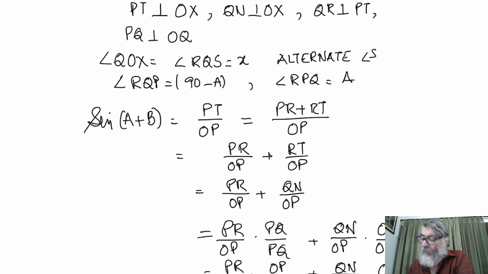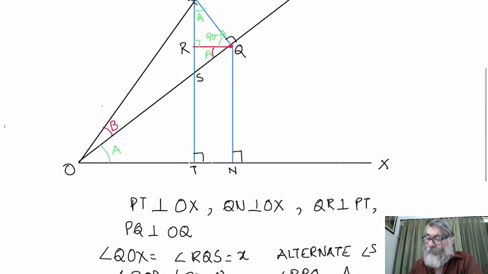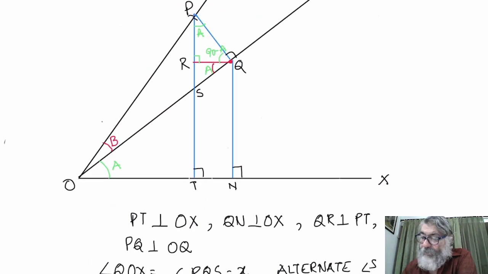Now PR upon PQ. Let us see PR upon PQ. In the triangle PRQ, PR upon PQ will become base upon hypotenuse.